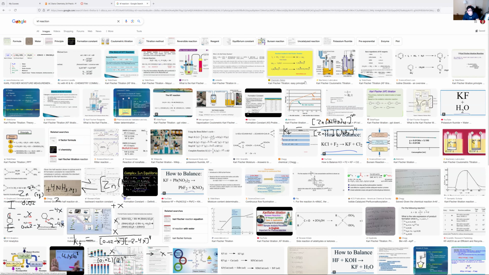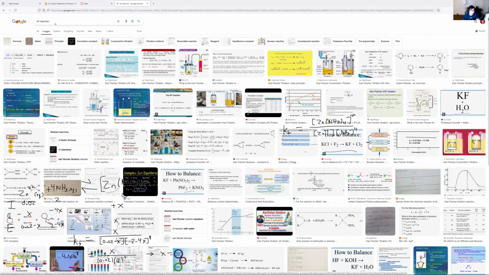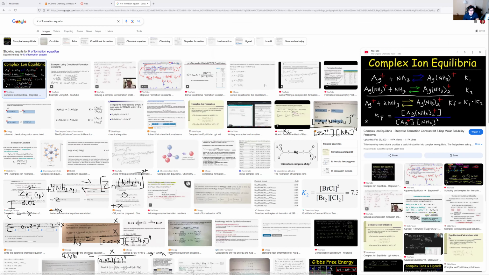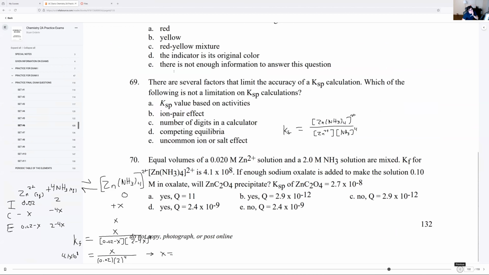Unless I'm wrong and reversed it, but that doesn't seem right. No, that's right. You add two things and then you get another thing.